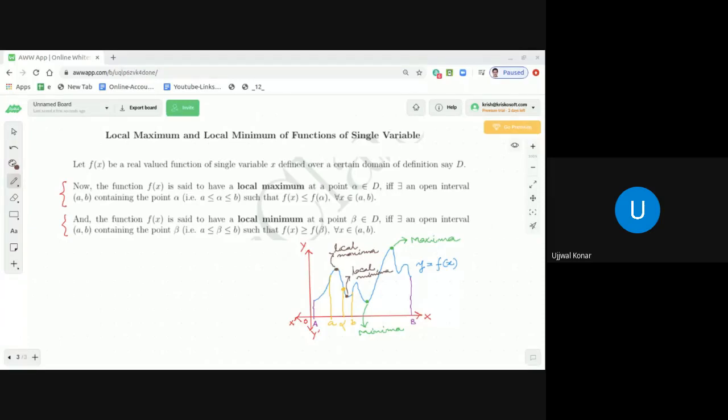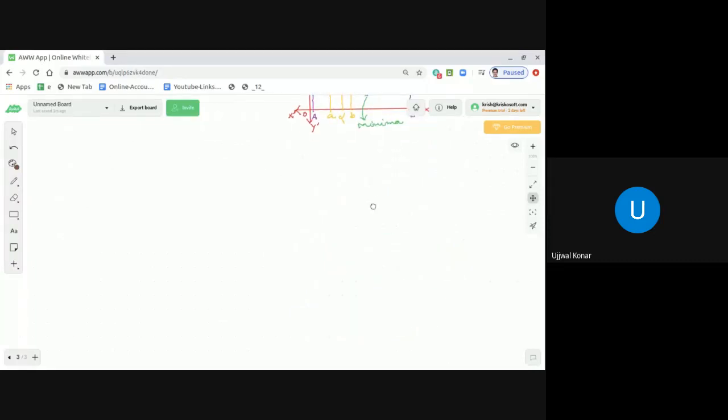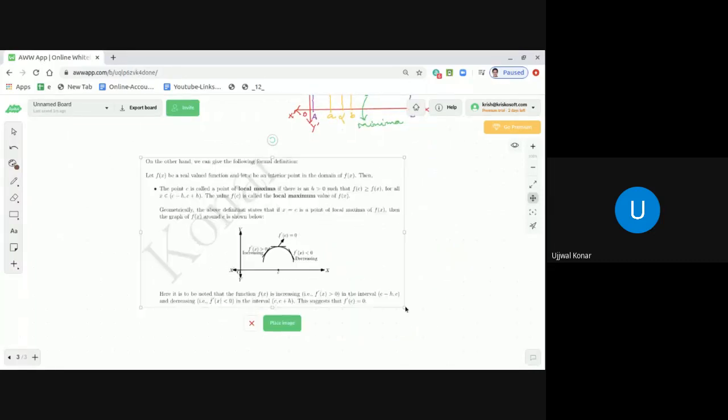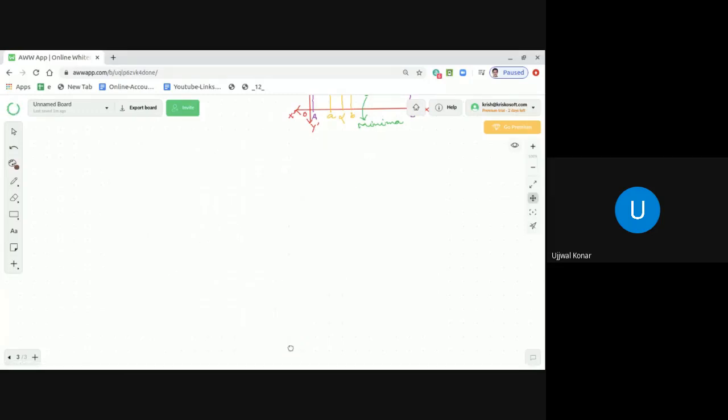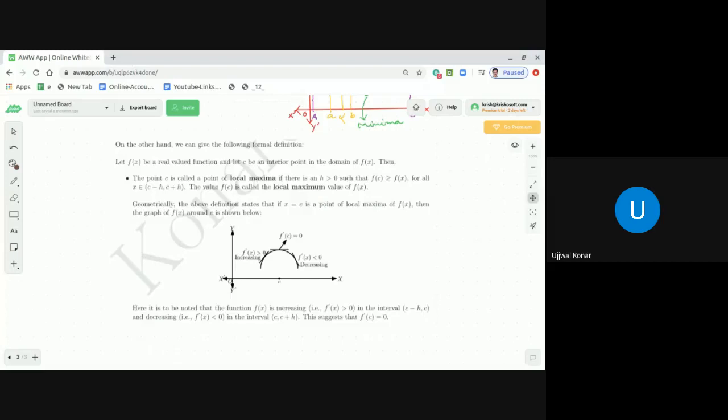On the other hand, we can give the following formal definition.